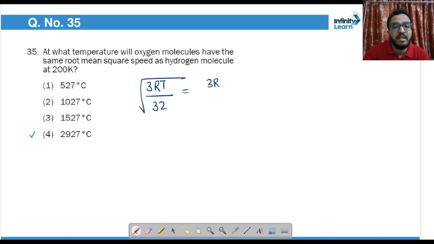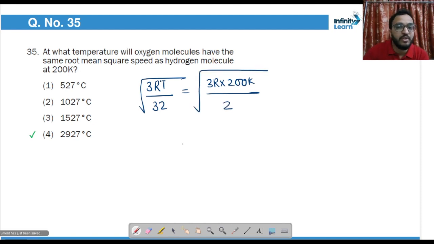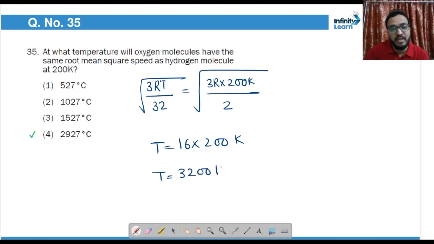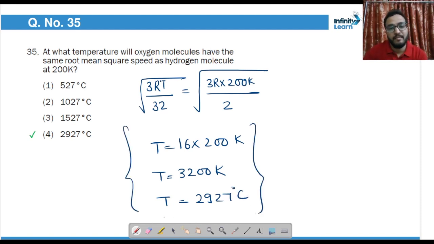It is 3 R into temperature is 200 Kelvin upon the mass of hydrogen gas, which is 2. So temperature is 16 into 200 Kelvin. So it is 3200 Kelvin. So temperature will be 2927 degrees centigrade. Got it?